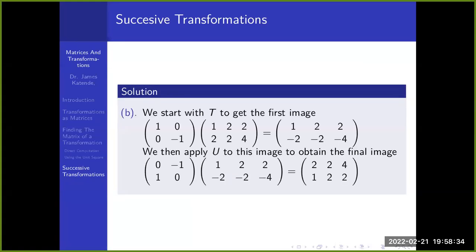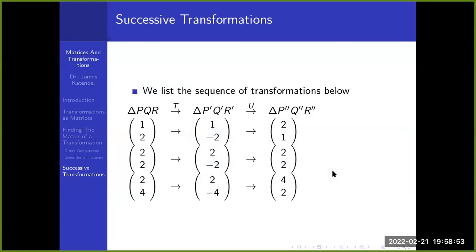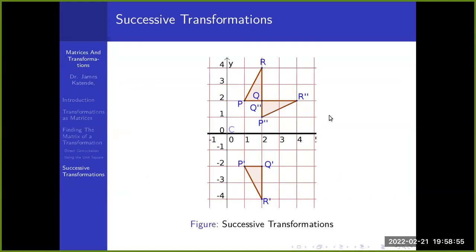What if we work it out backwards? If we start with T followed by U, then we'll multiply this by T first to get the intermediate, then followed by U to get the final image. If you look at the diagram, you will see that again. The original one is this PQR.